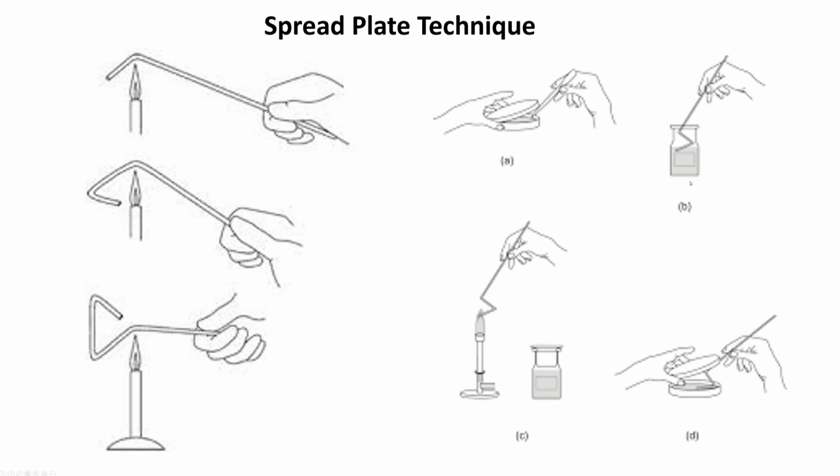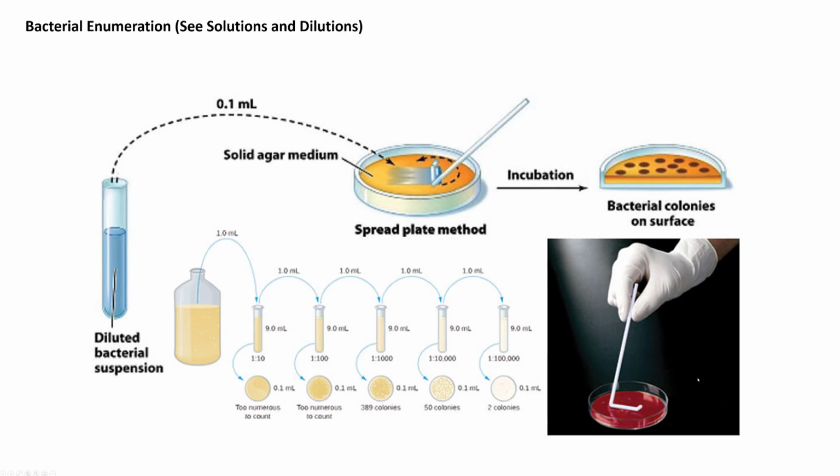It's really a very simple technique. You do this near a flame, and when you sterilize the hockey stick, you can spread them, keeping that environment as sterile as possible. Obviously, the longer you leave the lid open, the higher the probability of getting a contaminant and that sort of thing.